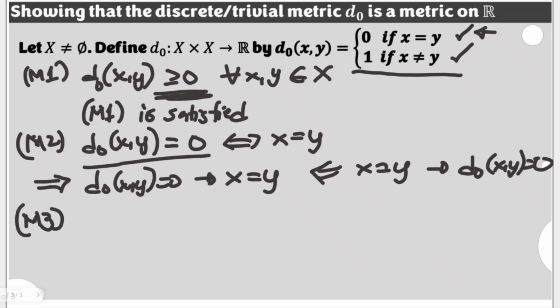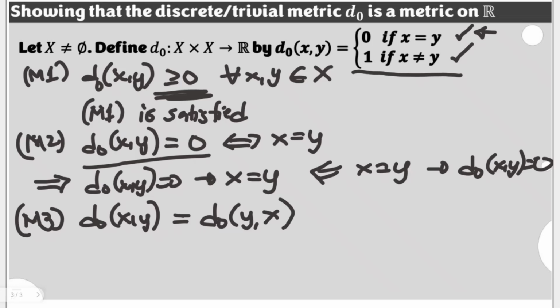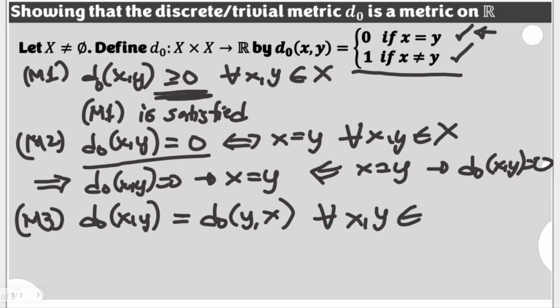M3 tells us about symmetry, which tells us that the distance between x and y is equal to the distance of y and x. By the way, I forgot to write here for all x and y element of X, and also here for all x and y element of X. So we need to show that once we assume this, it will return to this as well.